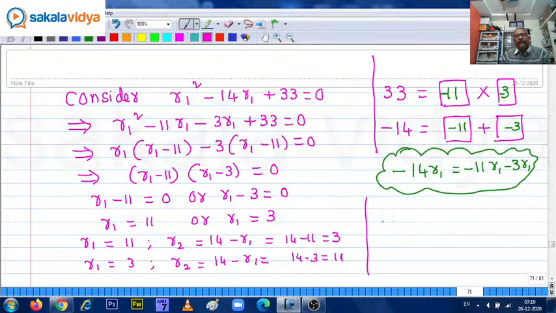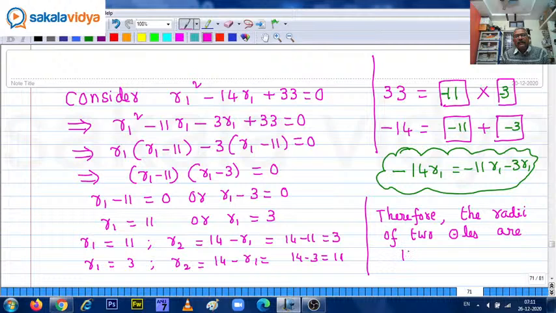So therefore, the radii of the two circles are 11 centimeters and 3 centimeters. That's all.